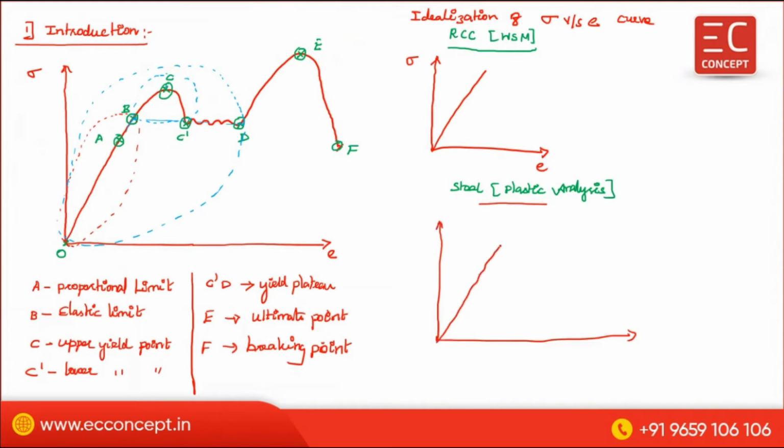Up to the elastic point, then we will not consider the upper yield point and lower yield point. We just curtail this, take it out, and idealize from this elastic point to the yield plateau. So this is the idealization for steel structure.